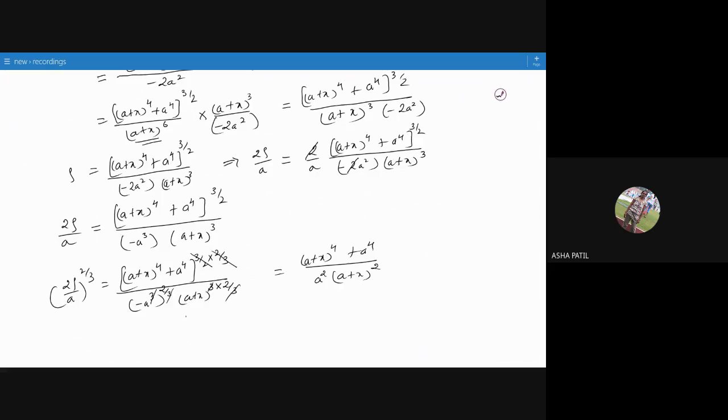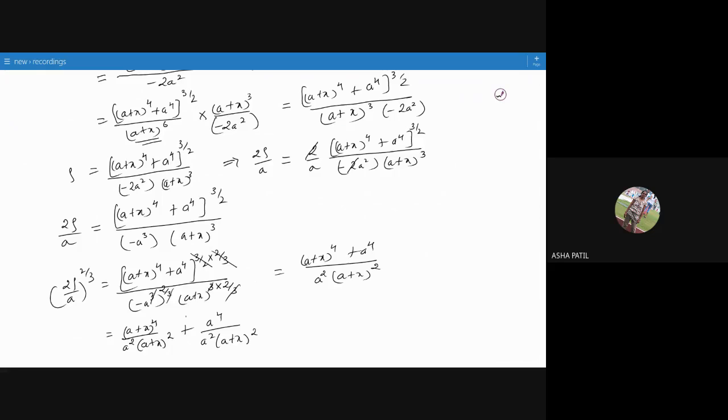Now let us divide each term by the denominator. It is (a plus x) raised to 4 divided by a square into (a plus x) whole square, plus a raised to 4 divided by a square into (a plus x) whole square.